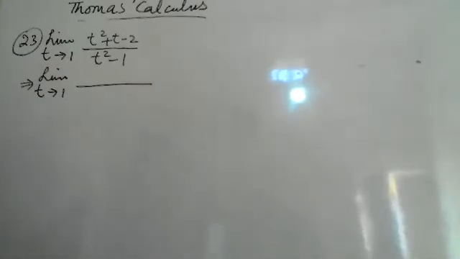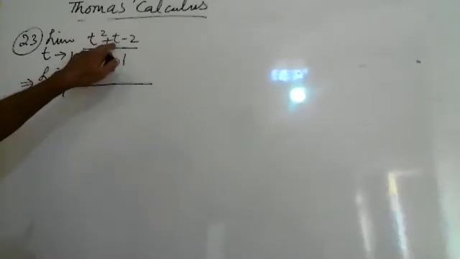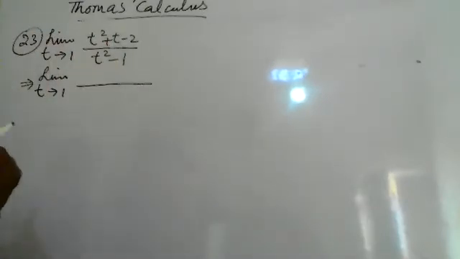What is the middle term in the numerator? That is plus t, and the coefficient of the middle term is 1. So that term plus t will be broken into two parts.